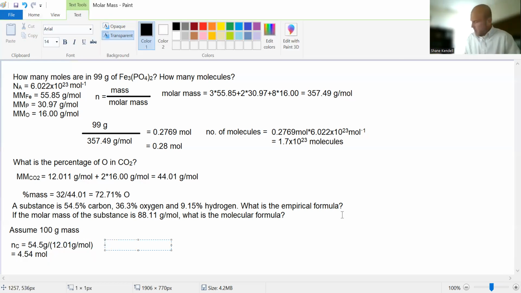We can do the same thing with the number of moles of oxygen. And so here we would have 36.3.